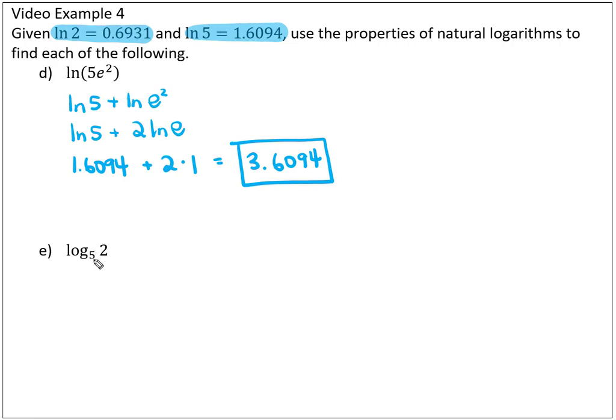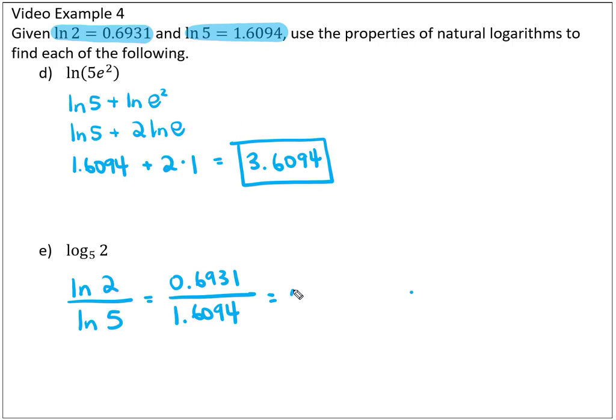And then log base 5 of 2 can be written as ln of 2 divided by ln of 5. Once again, all of these rules were just reviewed. So if you don't know where I'm getting this from, look at those rules. This would be 0.6931 divided by 1.6094.